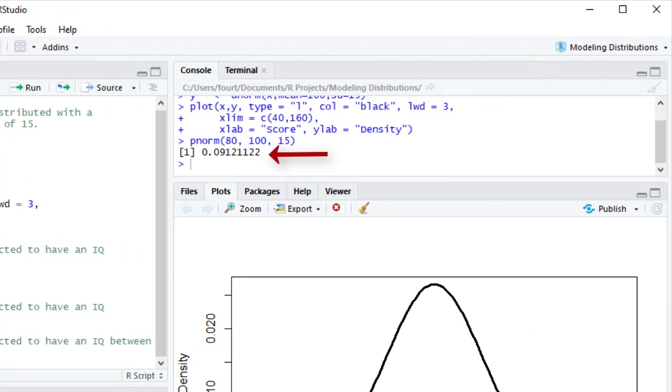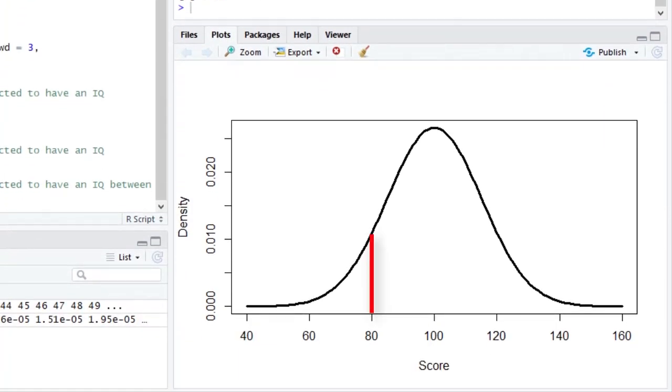The answer is 0.09. With this mathematical model and the p-norm function, we can ascertain that 9% of children score below 80 on the Stanford-Binet IQ test.